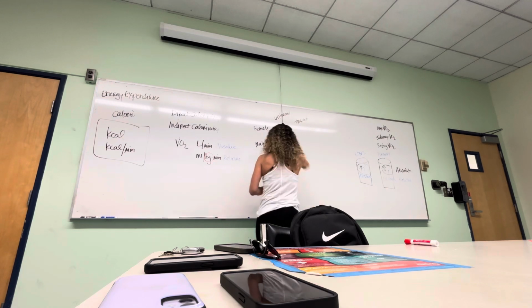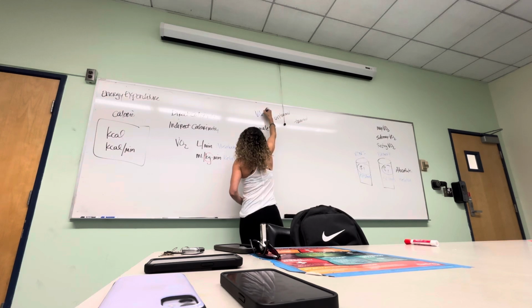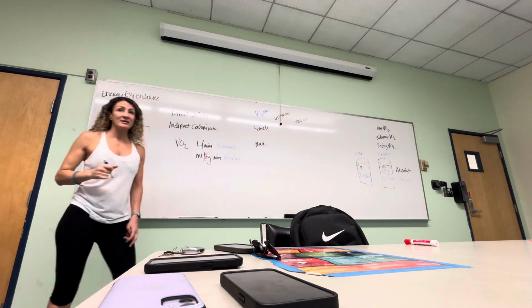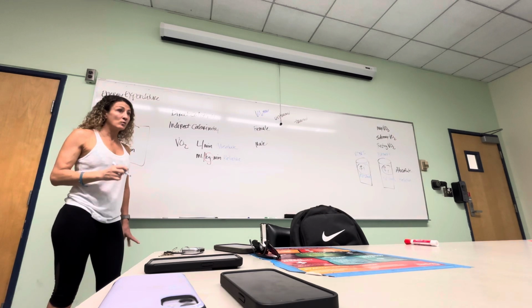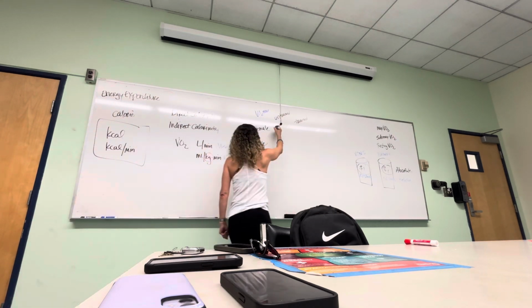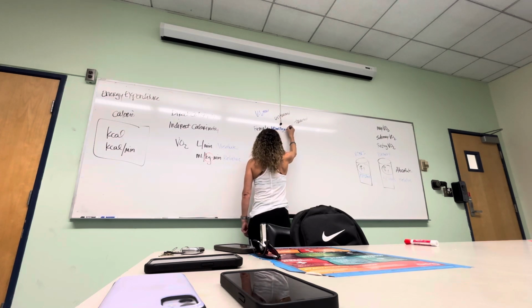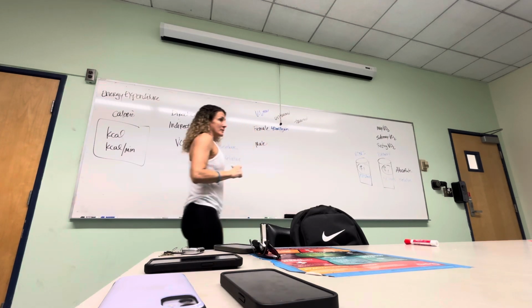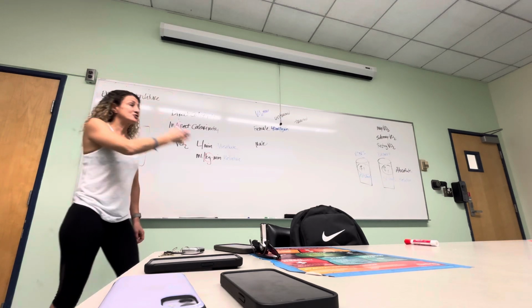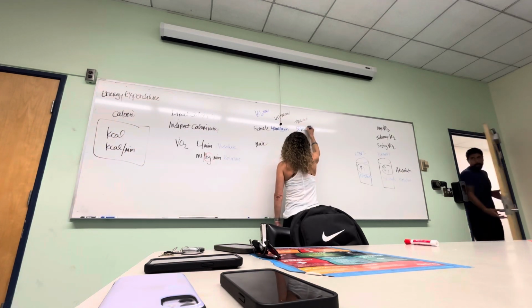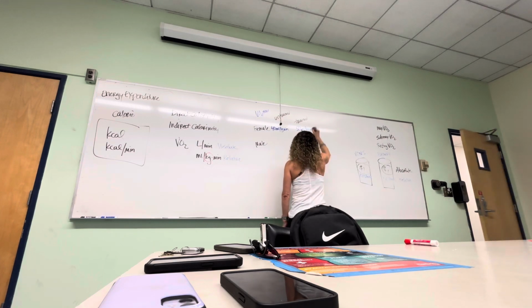So, this is VO2 max. An average untrained young woman might have a VO2 max of about 40 mLs per kg per minute. An average trained young woman might have a VO2 max of about 50 mLs per kg per minute.